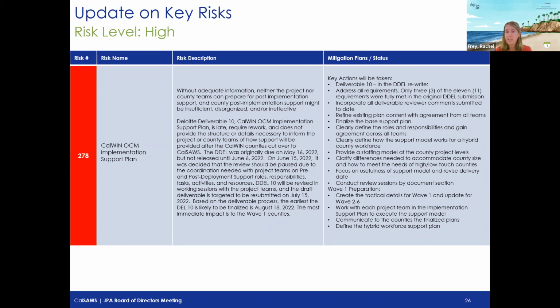And we needed to take steps to make sure that there was an agreement as to the overall approach as to how we plan for and how we are going to move forward with both pre and post implementation related support activities. So this is trending to amber at this stage.